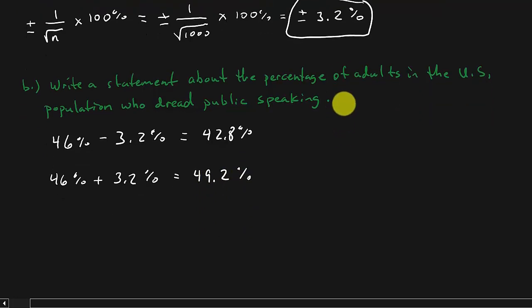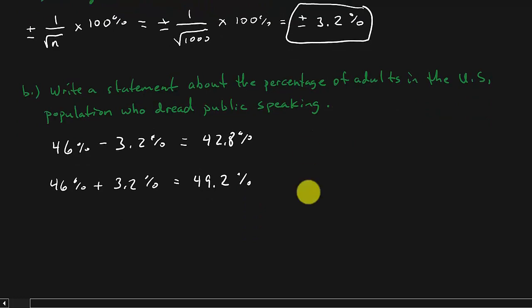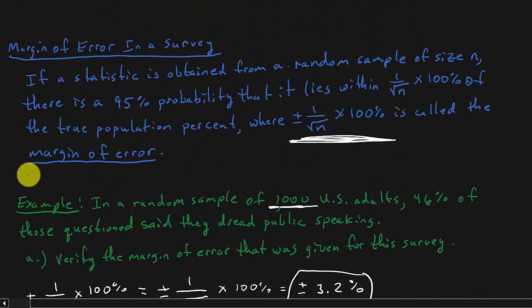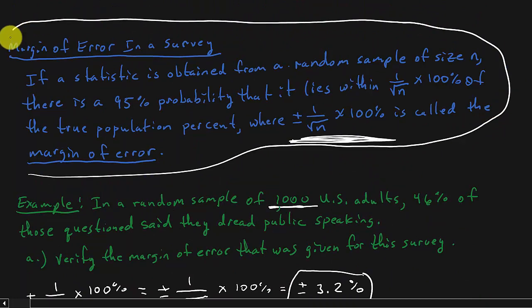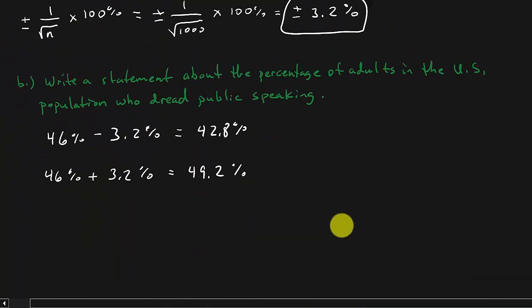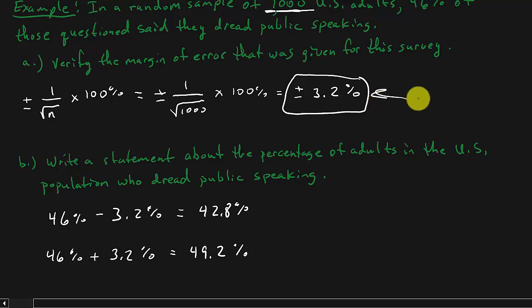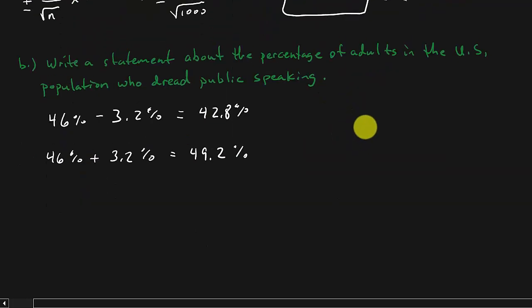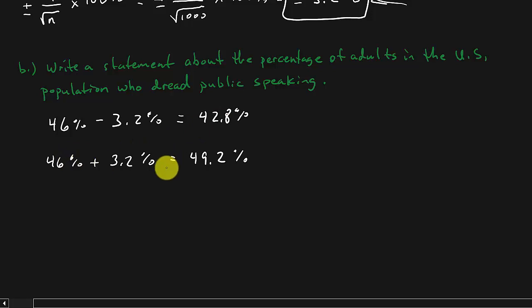So what does this mean? We found our margin of error to be 3.2%, and then we subtract and add.